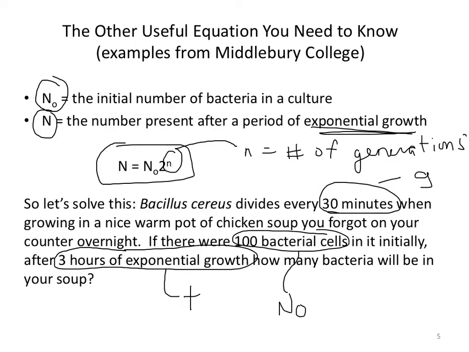So get your pen and paper out, and let's solve this problem. So you know generation time, and it's 30 minutes. So G equals 30 minutes. You also know the incubation time, T, in units of hours. T equals 3 hours.